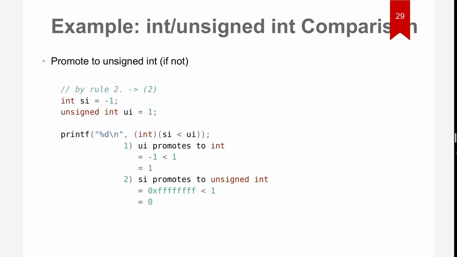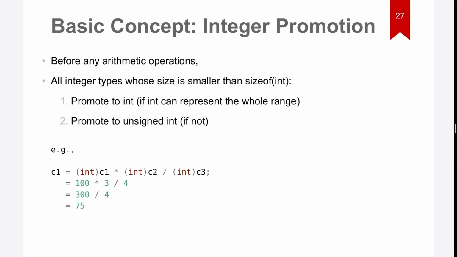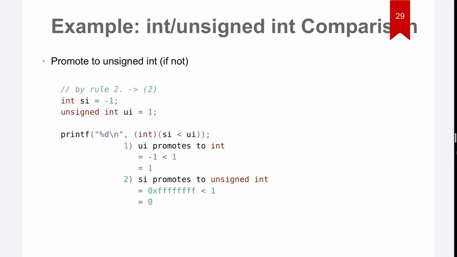This is a little bit counterintuitive, but the reason is that the integer and the unsigned integer together don't cover the range of the integer. So overall, the range does not fit into a signed integer. That's why they both get promoted to an unsigned integer. So rule 2 applies, and it actually returns 0.